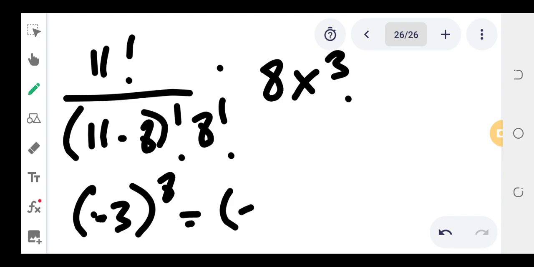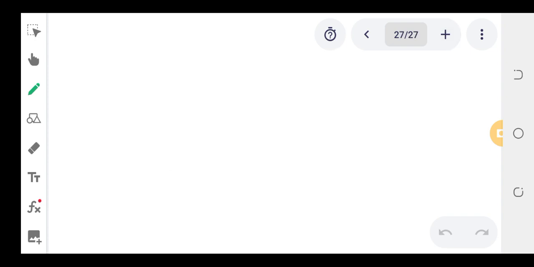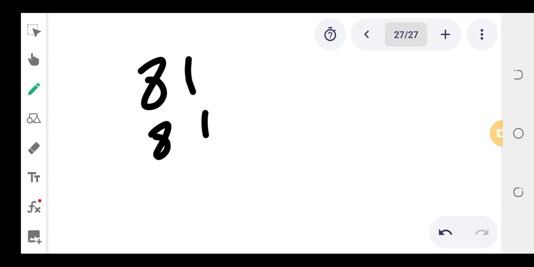It is simply negative 3 to the power 4 multiplied by negative 3 to the power 4. What I know is that negative 3 to the power 4 is simply 81. So I have to say what is 81 times 81.